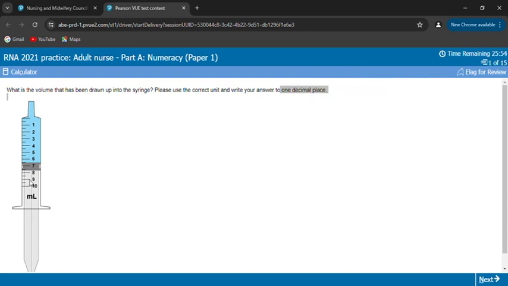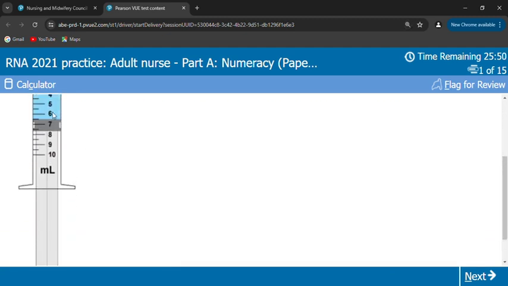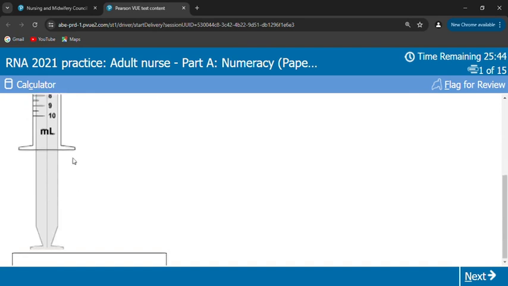what is the volume that has been drawn up into the syringe? Here you can see 6, 6.5 and 7. So the volume drawn up into the syringe is 6.5, so the answer will be 6.5. Here is one mistake that most students make.